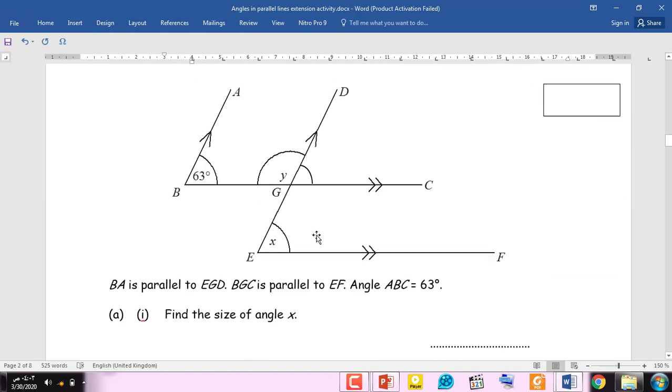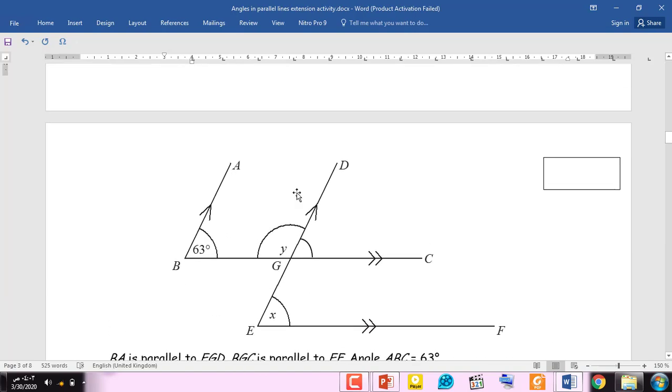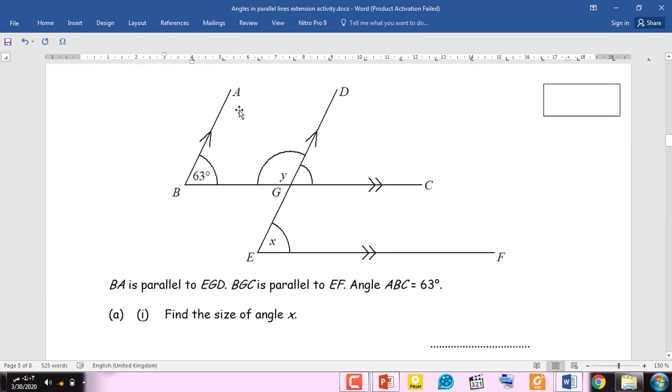Okay, the second one here we have ABG angle equal to 63, and we have the lines BA and GD are parallel, and the same thing with BGC and EF.